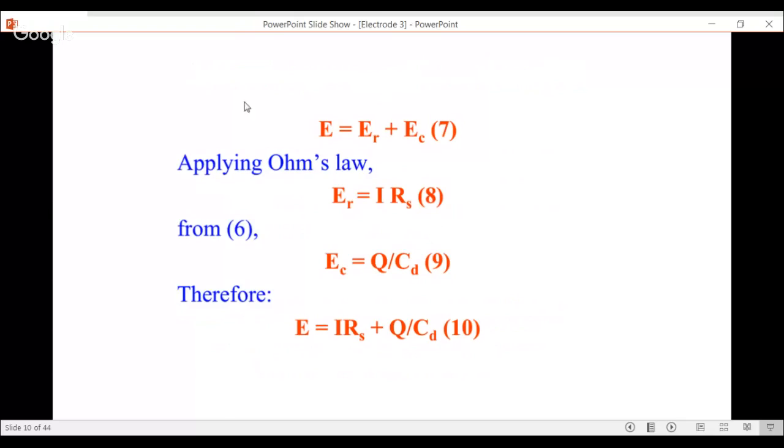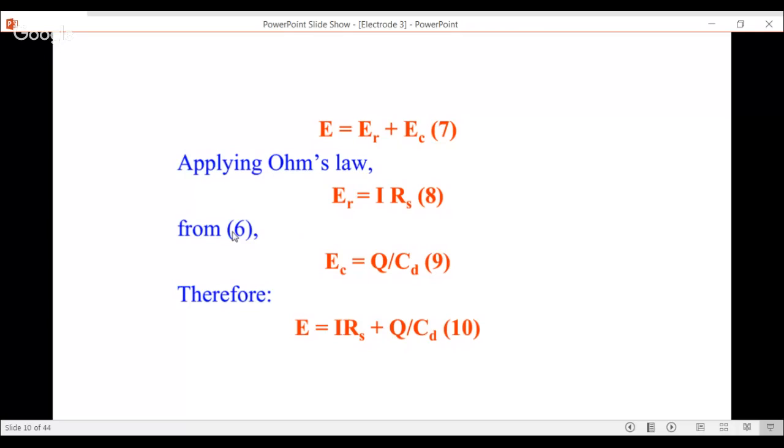So E, the total voltage, is equal to E_R, the drop across the resistance, plus the drop across the capacitor. Applying Ohm's law, the drop across the resistance is equal to IR, where I is the current and R is the resistance of the resistor.